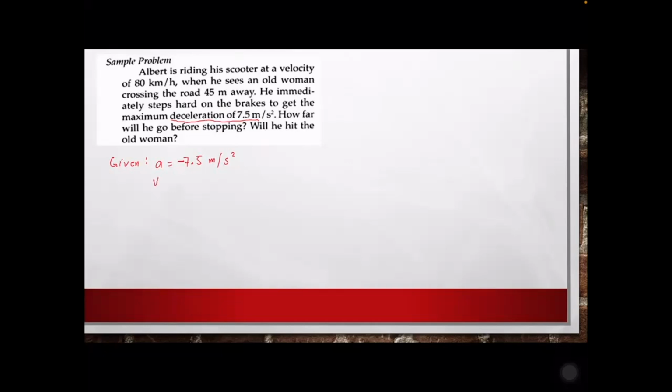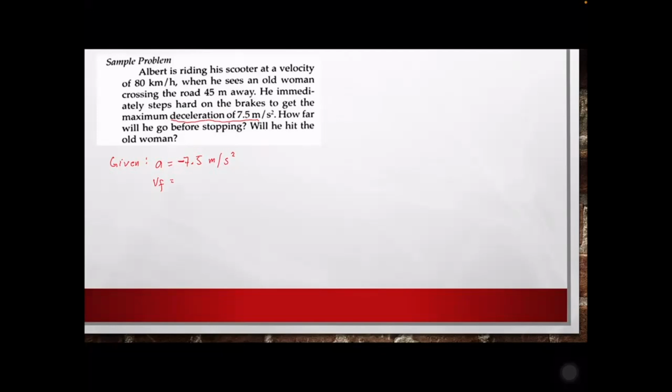Okay, so another given here, do we have final velocity? What is our final velocity? Anyone? Nag-press ng brake, nagtapak ng brake, ano mangyayari kay final velocity?